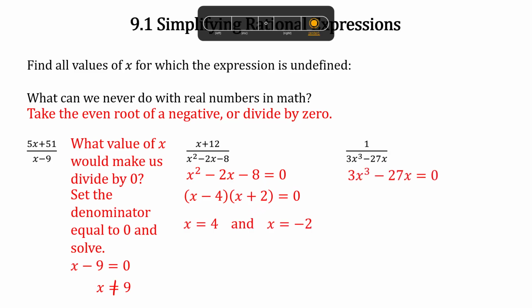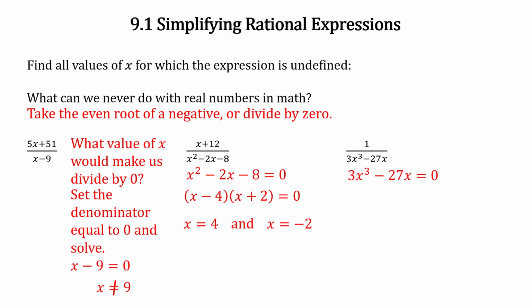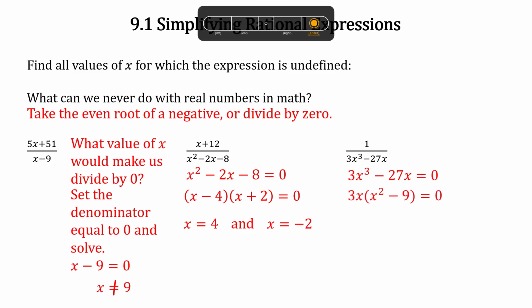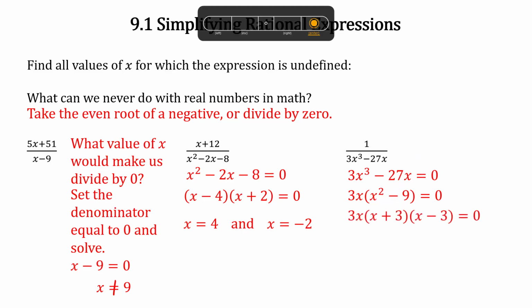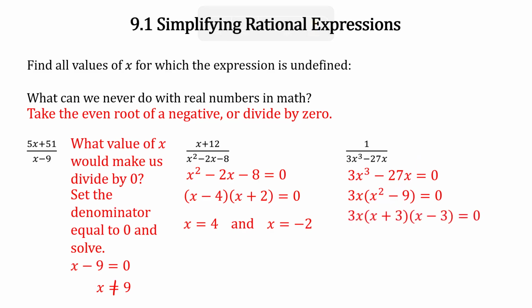Okay, so we're going to take 3x cubed minus 27x and set it equal to 0. First thing we're going to do is factor out 3x. If I multiply this back in, I'd get 3x cubed minus 27x. But now I need to factor this again. X squared minus 9 factors to x plus 3 and x minus 3.